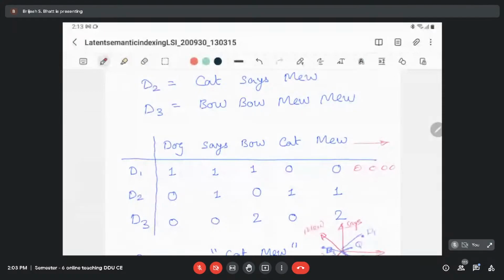So there is a problem of sparse data. Only a few of them will be 1 and everything else would be 0. So when you calculate cosine similarity, the 0 values will dominate, and the differentiating values are very few. So you will not be able to differentiate between query and document.